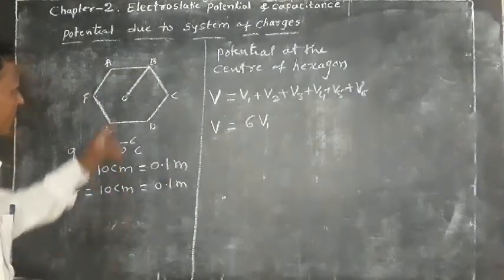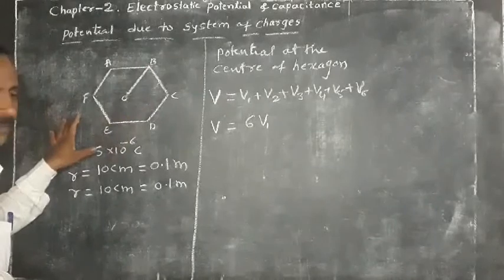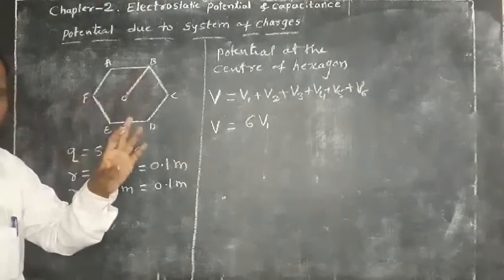The charges at each vertex are the same, and the distance of the point is also the same.